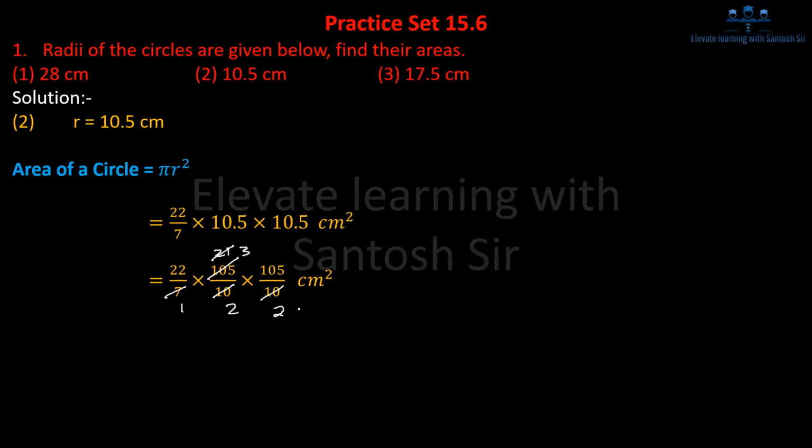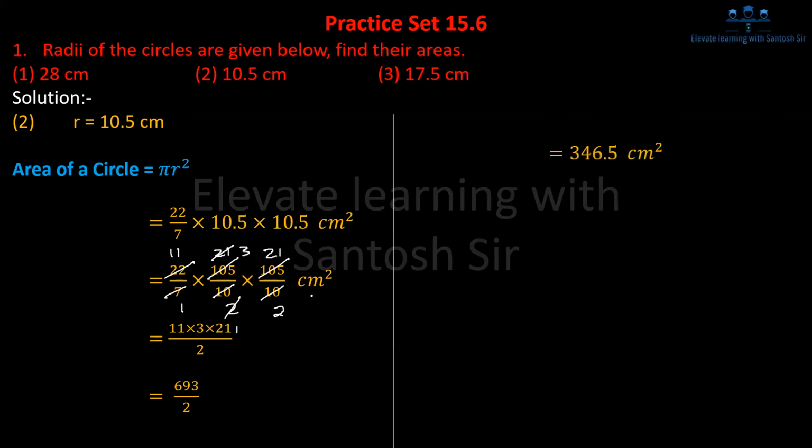We know that 5 times 2 is 10. 5 times 21, we can have 2 ones and 2 into 11. So what are we left with? 11 times 3 times 21 upon 2. When we simplify this ahead, we get 693 upon 2, which is nothing but 346.5 centimeter square.